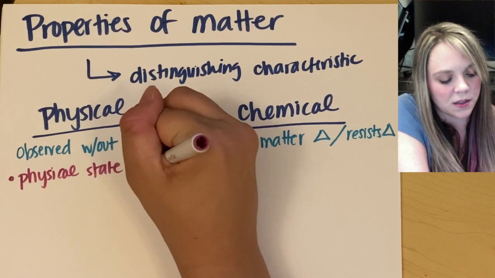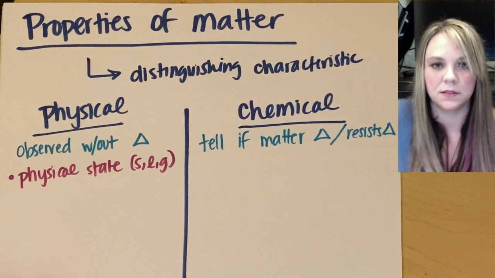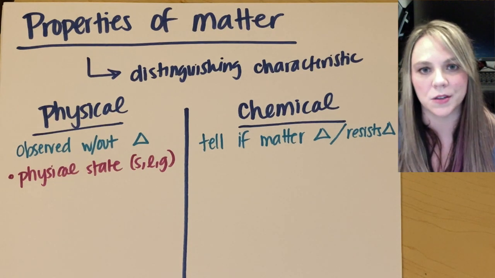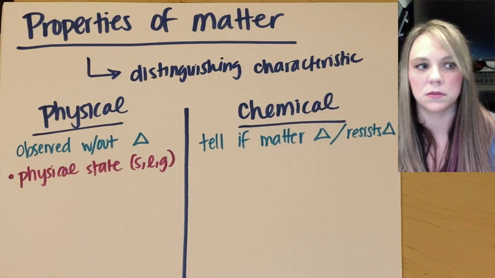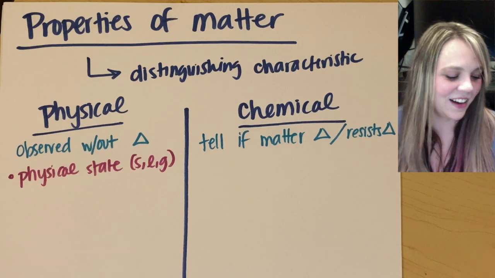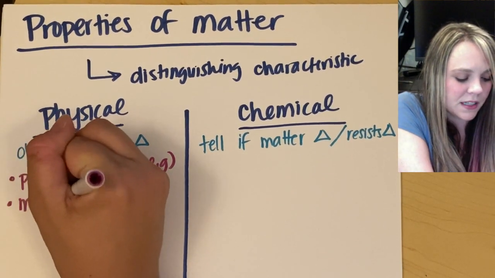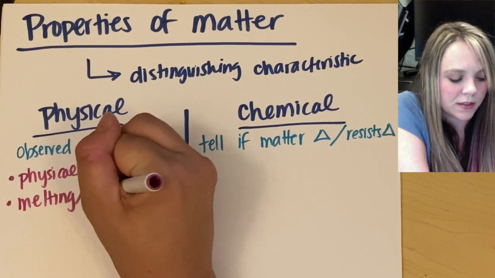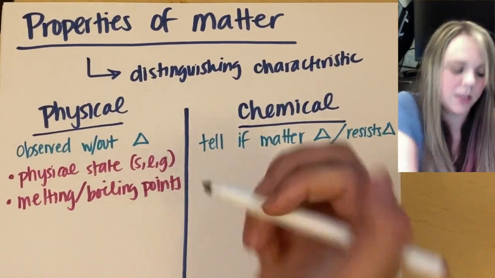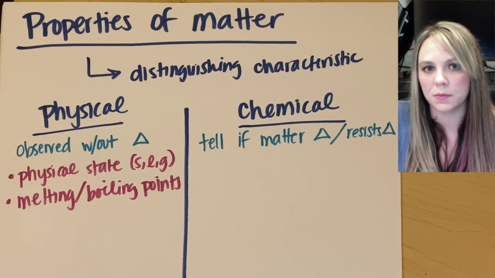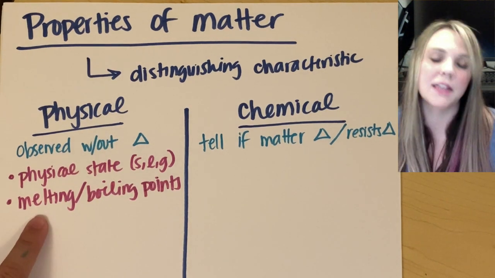All right, so the most common physical properties would be its actual physical state. Is it a solid, a liquid, or a gas? You could look at it and say, oh, it's solid water, it's an ice cube. It's liquid water, it's water. You can look at melting or boiling points. When solid water becomes liquid, that temperature doesn't change.